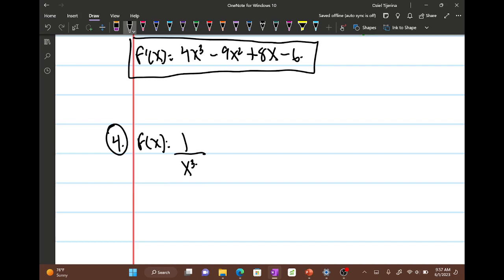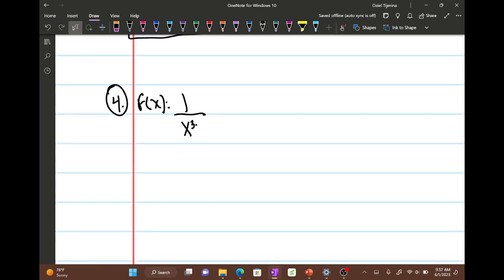We can still use the power rule for derivatives, but it looks like a rational function. For those of you that know the quotient rule, even though I haven't gone over that yet, we're not going to use that. You can use the power rule for this.